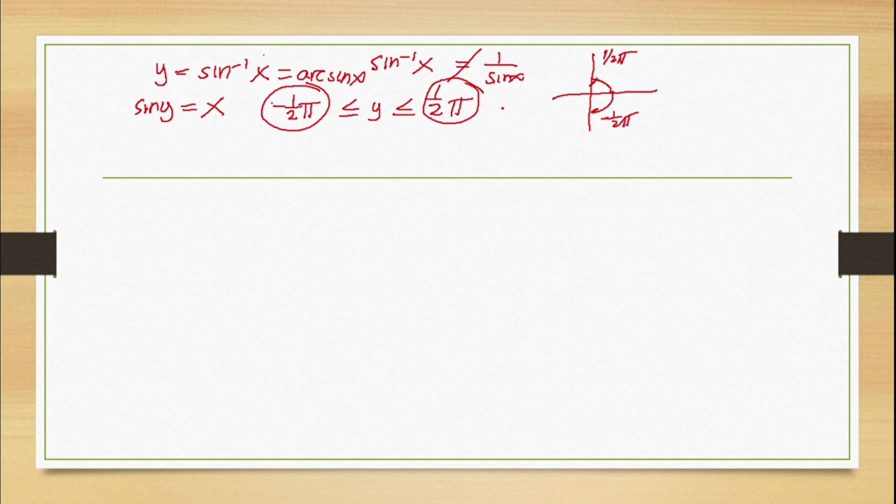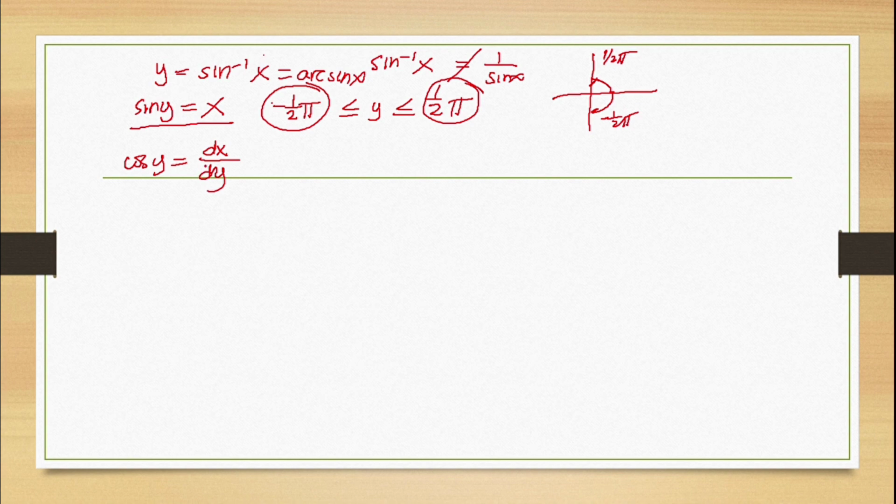So we are going to take the derivative of this part. The derivative is cosine y equal to dx over dy, with respect to y.